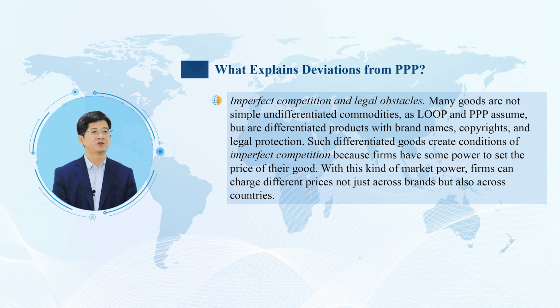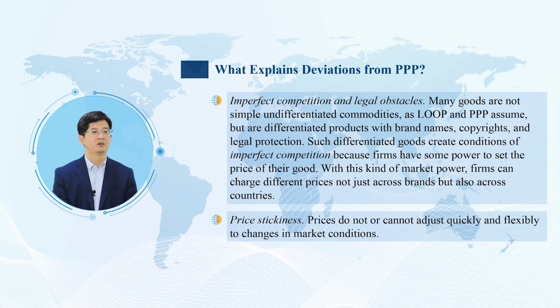Such differentiated goods create conditions of imperfect competition because firms have some power to set the price of this good. With this kind of market power, firms can charge different prices, not just across brands, but also across countries. Price stickiness. Prices do not or cannot adjust quickly and flexibly to changes in market conditions.